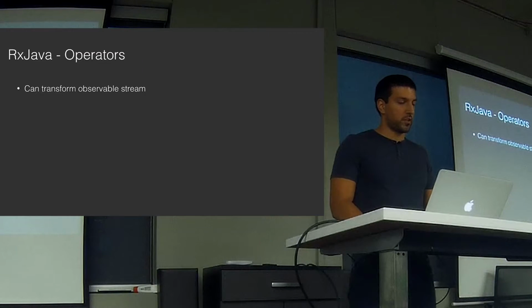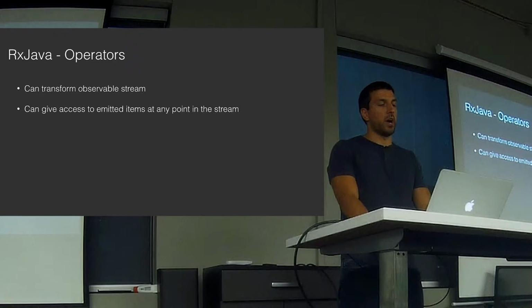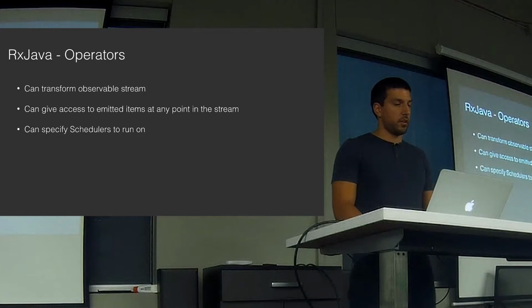But now the operators, which are the more tricky part of RxJava. So they can transform a stream, they can give you access to the emitted items at any point in the stream, and you use them to specify schedulers to run on.